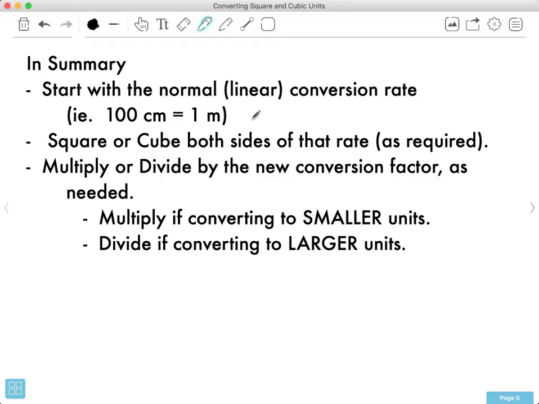I did this backwards from how it's typed in here, so I always start with my rate with the 1 whatever on the left hand side. You square or cube both sides of the rate as required, depending on what you're working on, and then multiply or divide by the new conversion factor. So you multiply if you're converting to smaller units, and you divide if converting to larger units.